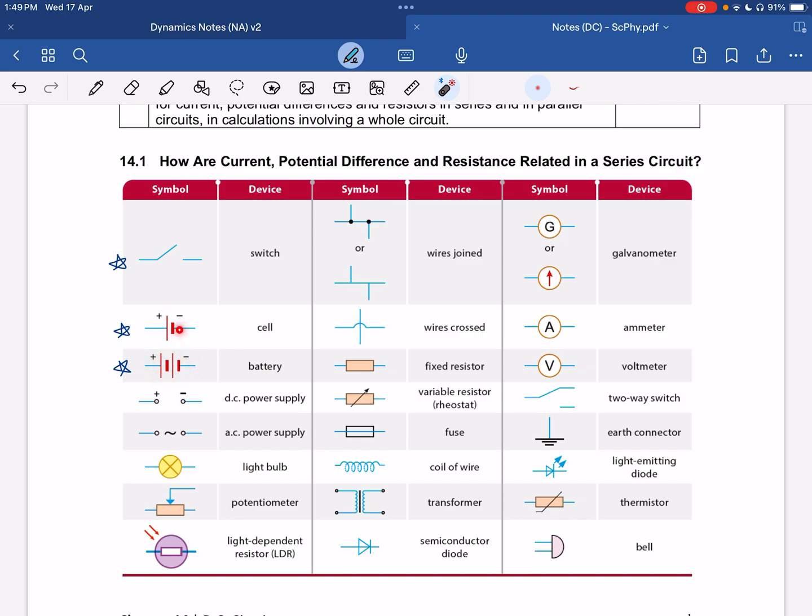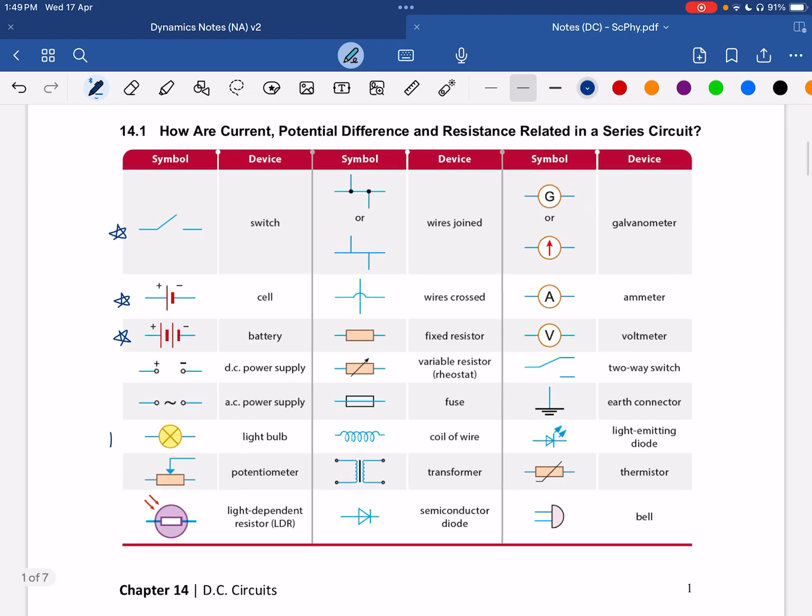One of them is called a cell. Followed by the light bulb. And there's this thing that's called a potentiometer. Basically, it's a device that controls how much potential you want a device to have.